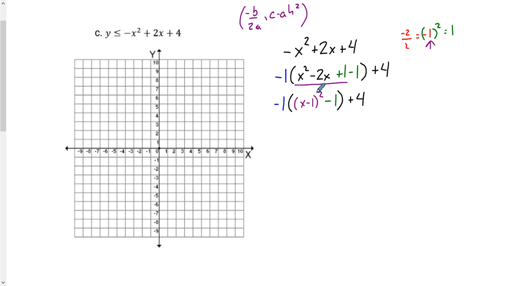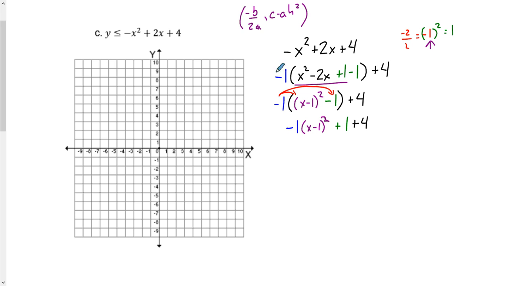Then we have to distribute our a inside, and then we'll have to combine our like terms. So we would be distributing that negative 1 in front of this x subtract 1 squared. Negative 1 by negative 1 is positive 1.